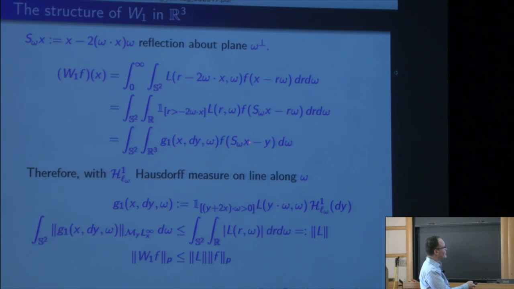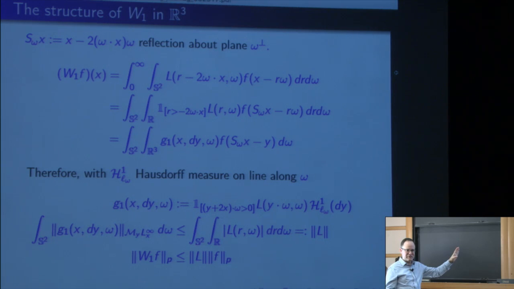Because if you start taking the LP norm here, you put an L infinity on this, the reflection is an isometry, it doesn't change the LP norm, the translation doesn't matter, and everything else gets integrated out, right? So you put L infinity in x, L1 in y, and then L1 in omega, and you get that. And then you're left with the question of how to bound this L. And we'll get to that in a moment, but this should motivate.